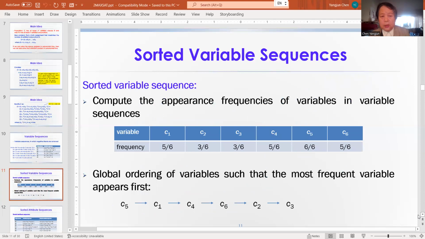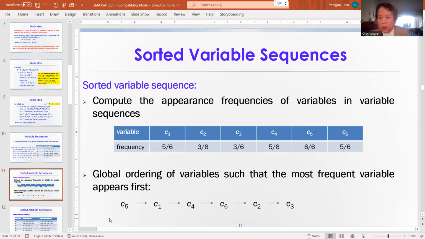Now we can compute the appearance frequencies of variables in variable sequences like this. Then we can impose a global ordering of variables such that the most frequent variable appears first. For example, for the above variable sequences, we can impose the global ordering of variables like this, where variable C5 appears first.